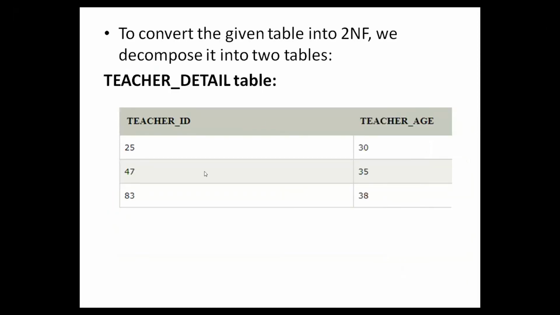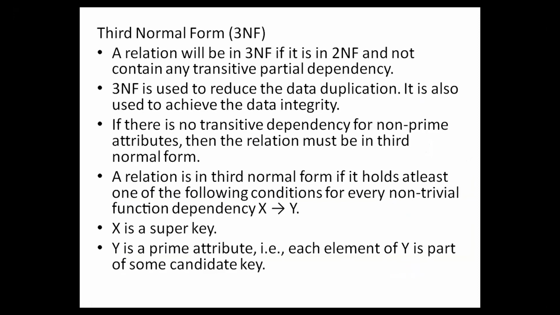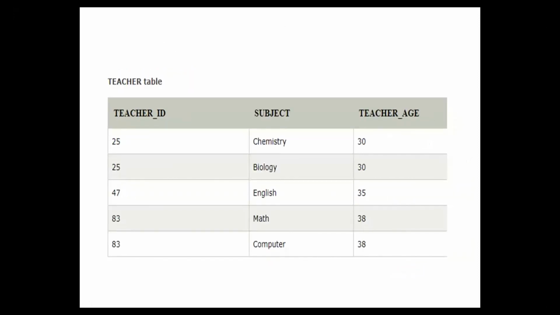First check this table is in the first normal form. This table is in the first normal form because I don't have any multiple values, only atomic values are here. And next, I'm again checking this table is in my first normal form. Yes, this table is in my first normal form. So I'm removing the age of the teacher here and putting it in a separate table.